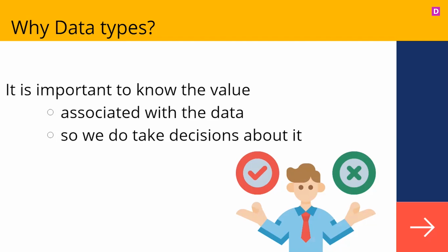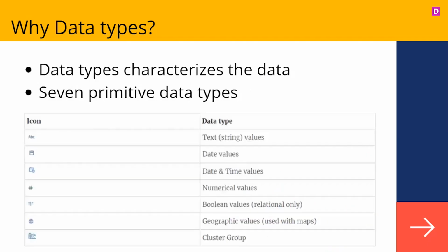The smile is the value associated with the person data. You can take a decision about that person only if you get to know something about that person. Similarly, any values associated with the data should be known to us, because that is what is responsible for making us take the right decisions at the right time. These are the reasons why we have something called a data type.